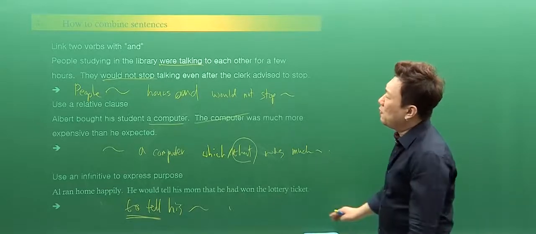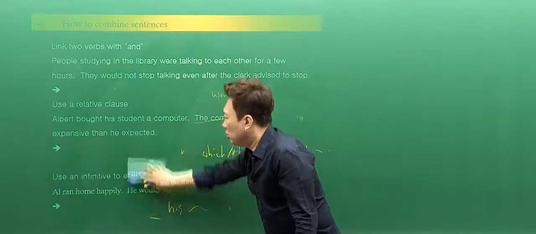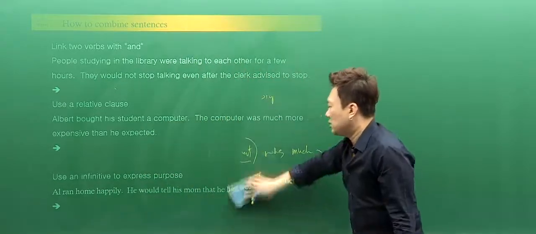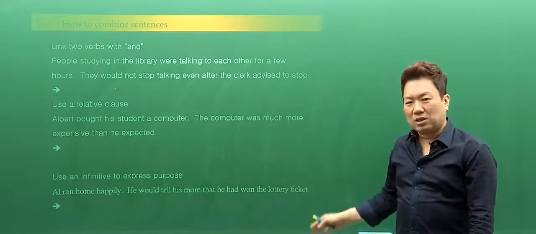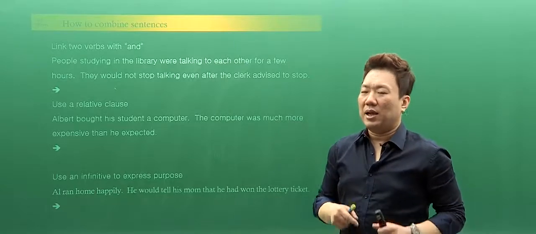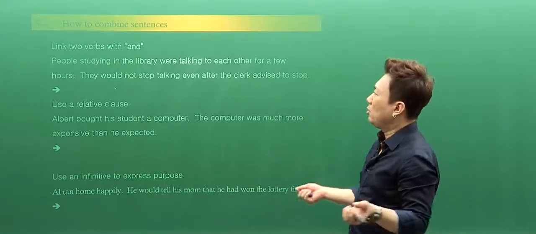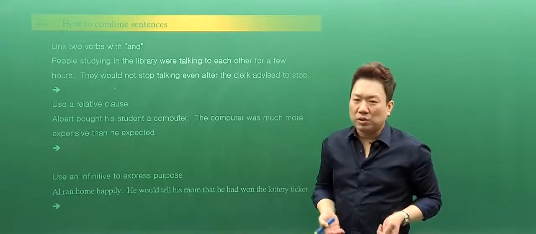So we have several ways to combine those two sentences, okay? Those are the techniques to combine those sentences. And you might use them, not only for this test, but also in your own essays or any writing competition. However, are these the most important thing to deal with the questions?